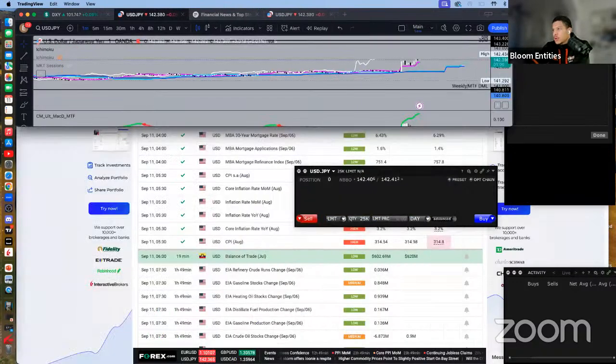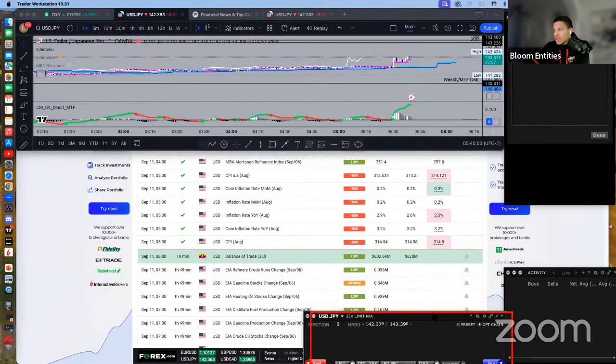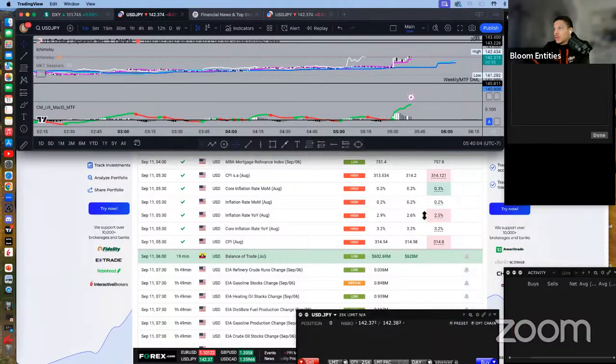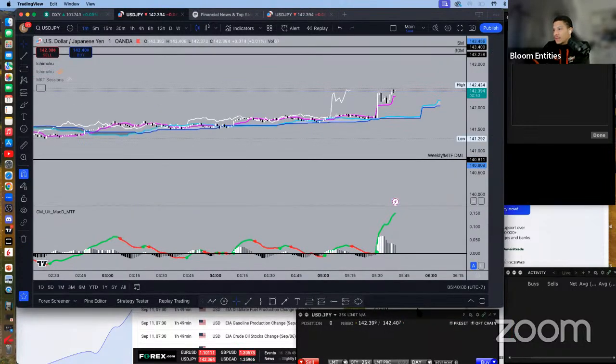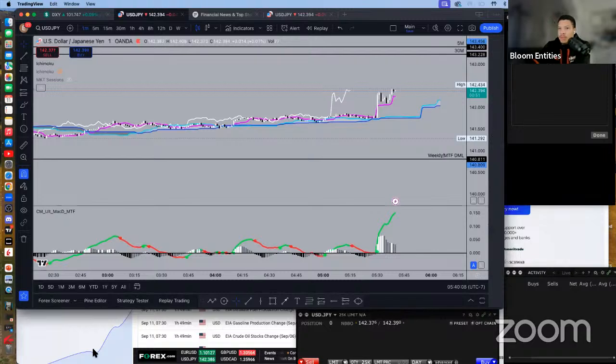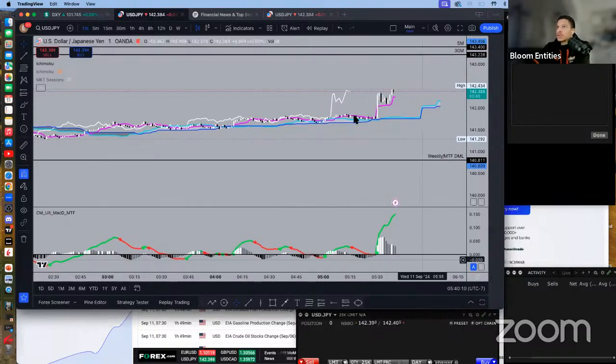My Interactive Brokers, I got a little trick that I'm gonna do, because I don't want to have to use my Interactive Brokers. Let me do this.